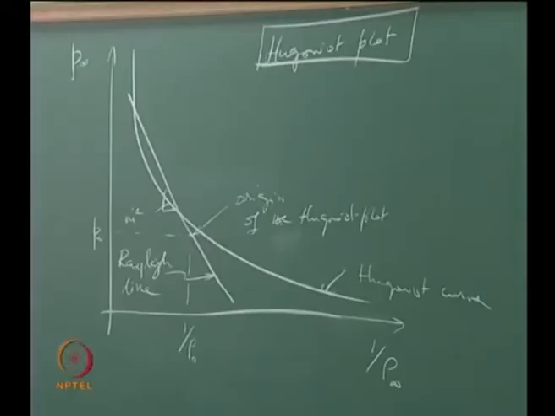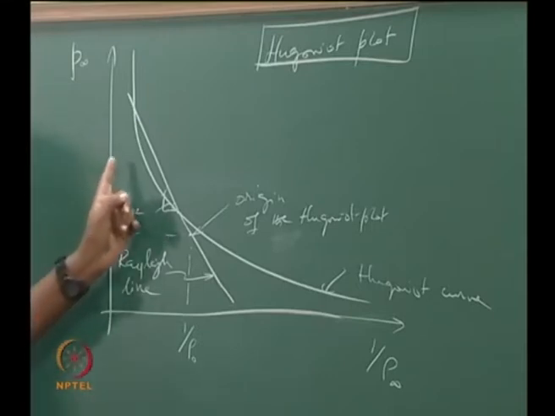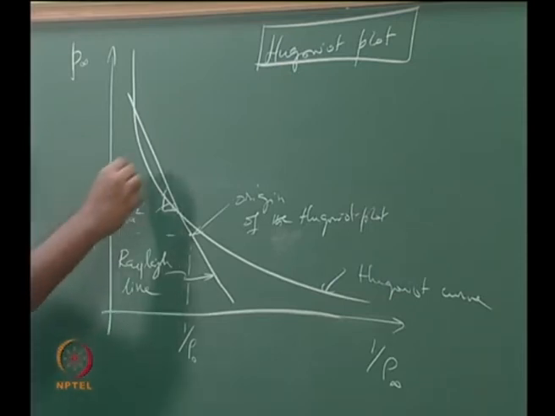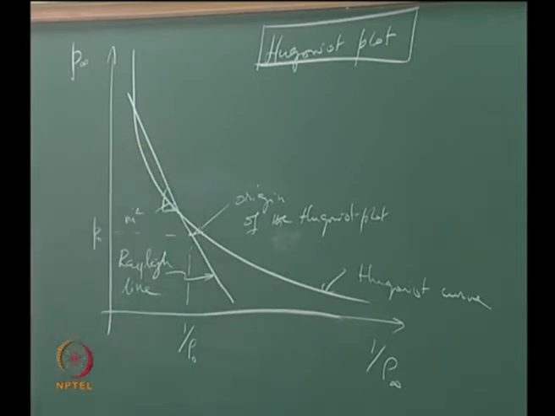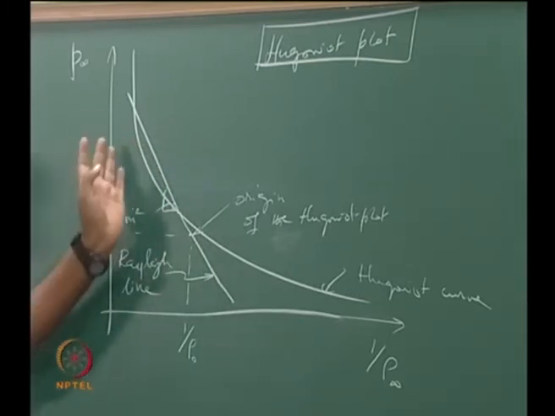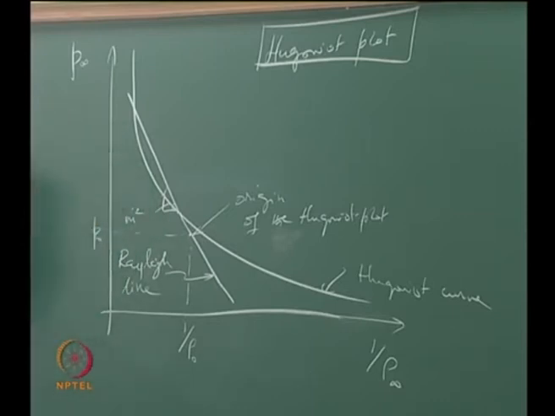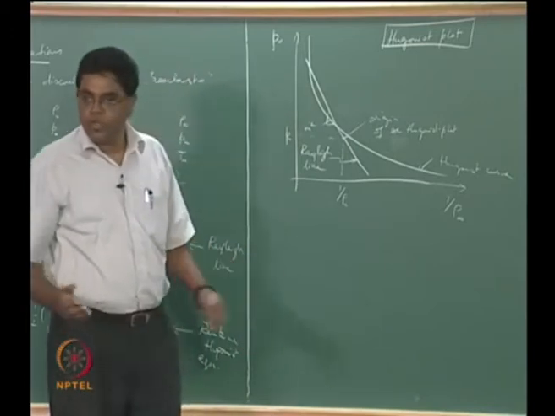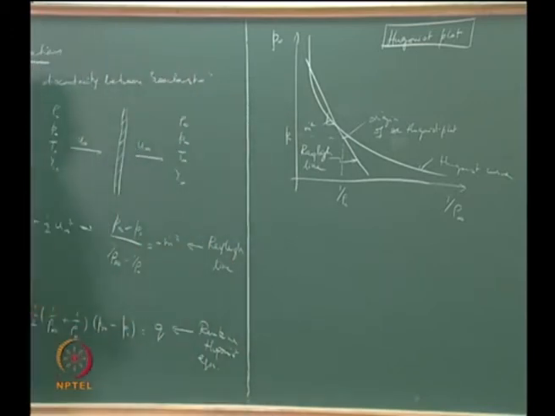But you could look for 1 intersection point or none. When would you get 1 intersection point? If the Rayleigh line were tangent to the Hugoniot. Or if the Rayleigh line never intersects with the Hugoniot, then you do not have any solutions. So there is some hope. We are now looking at 0 solutions, 1 solution, or 2 solutions, not more than that.